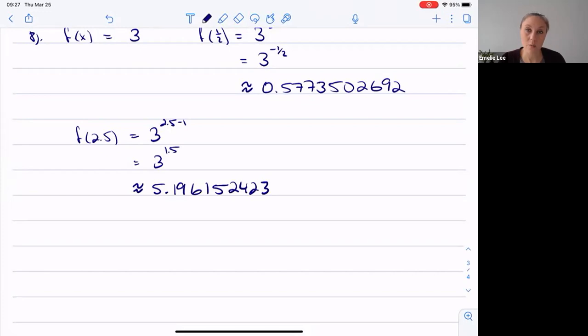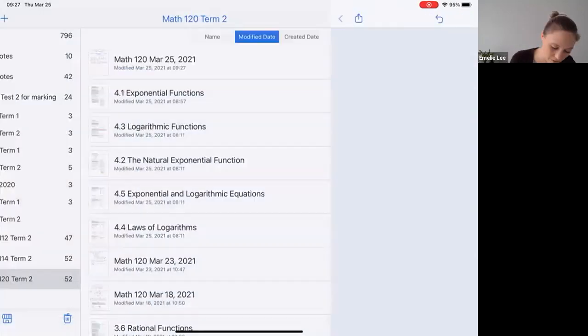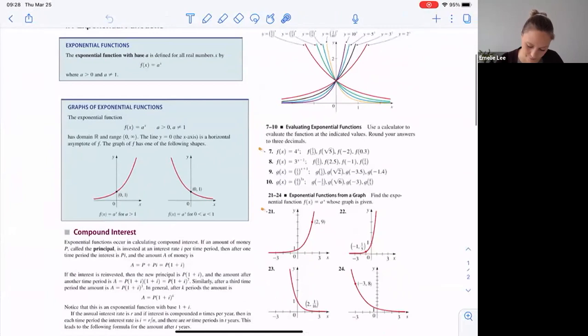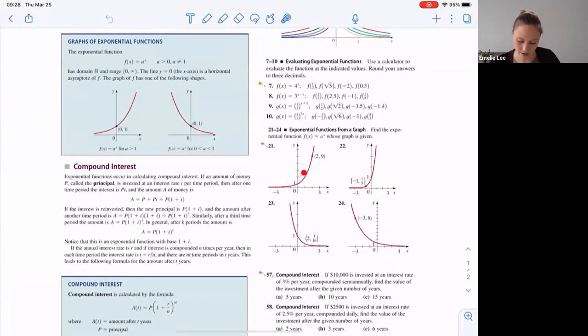Because I want to move on to actually making this equation. So if you have a graph and you can see that there's exponential growth or decay, so you have this exponential function, then you know it's going to have the form of a to the power of x.